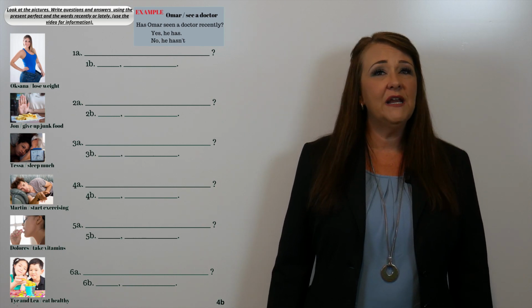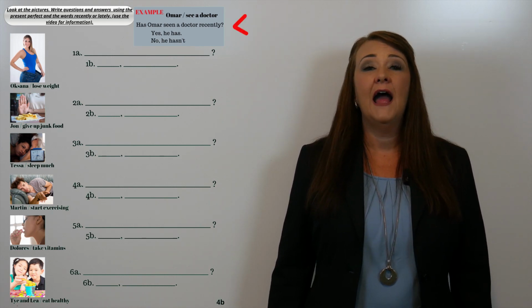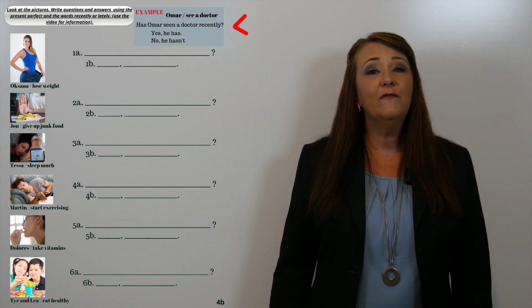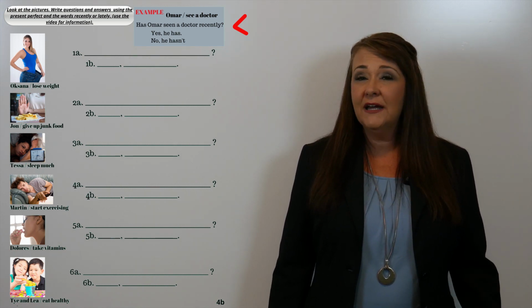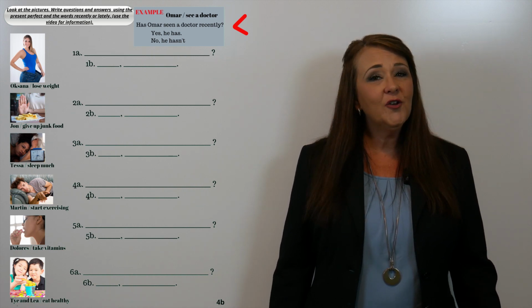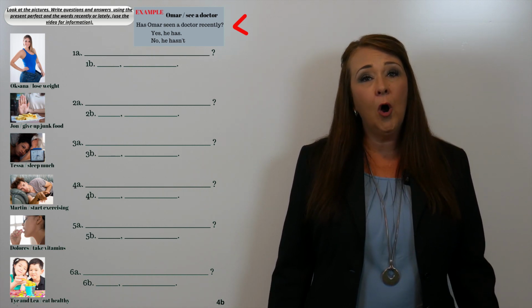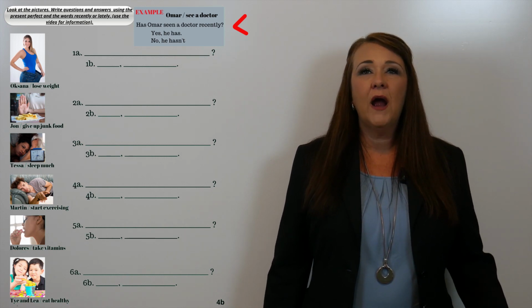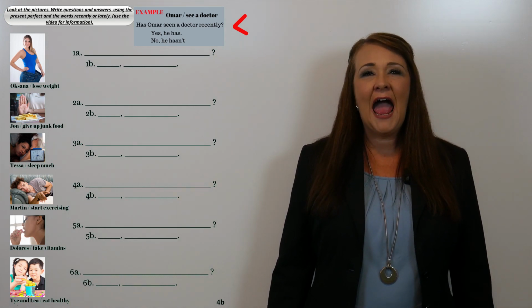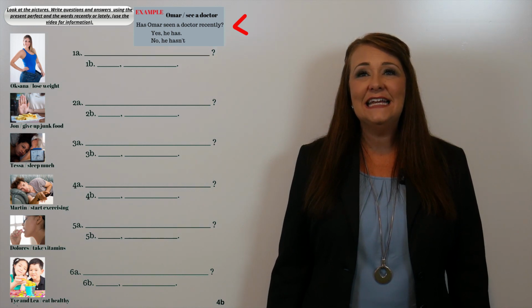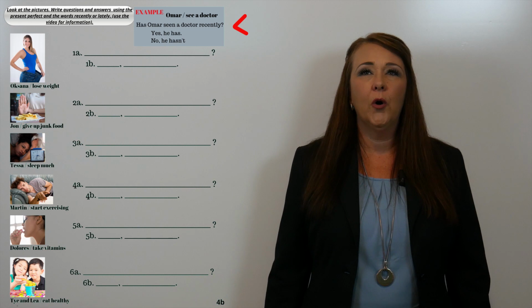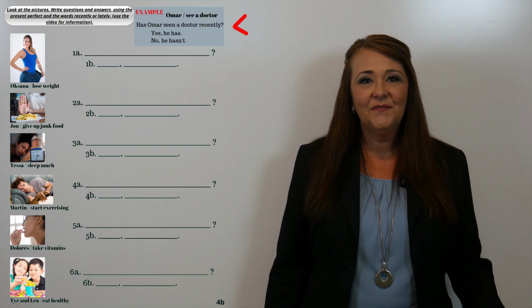So I gave you an example that does not have a picture next to it. So for example, if you saw a picture of Omar and under the picture it had the words Omar and see a doctor, you would write the sentence, has Omar seen a doctor recently or lately?